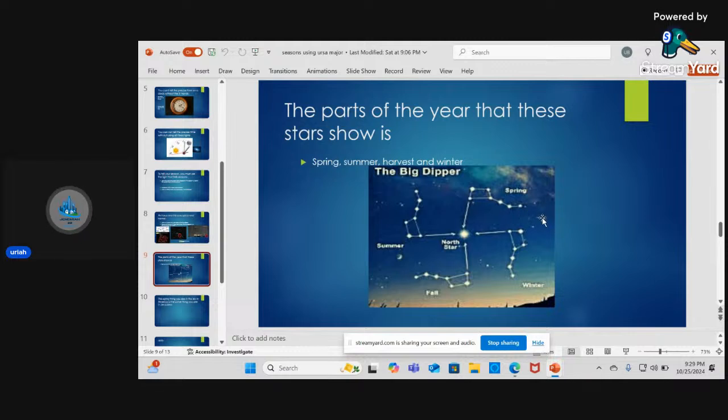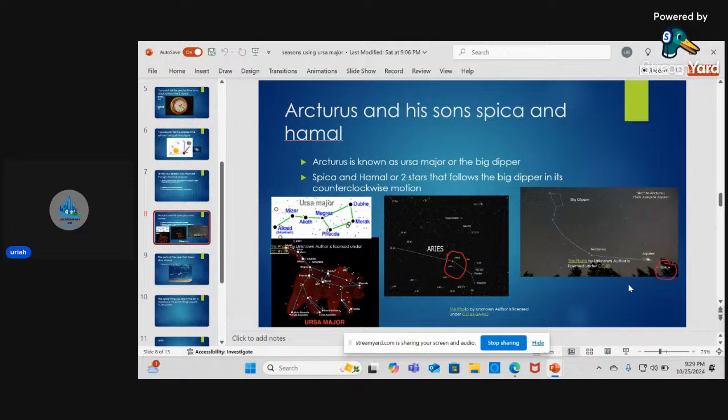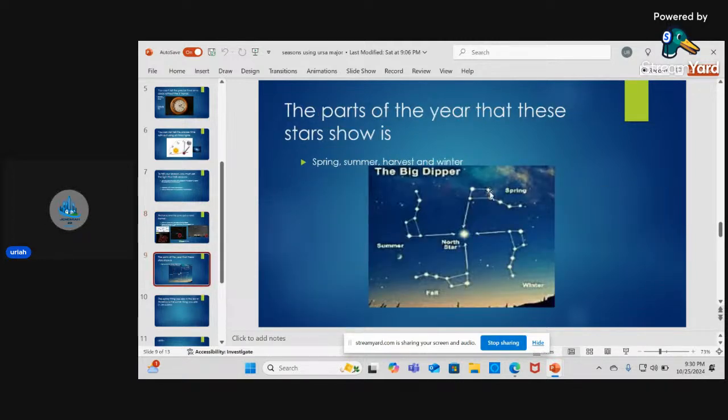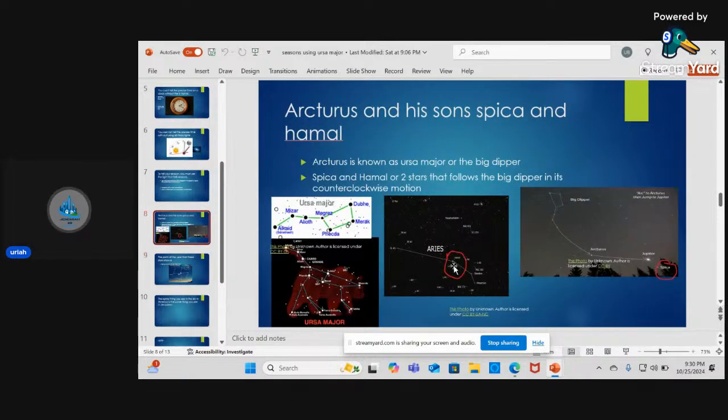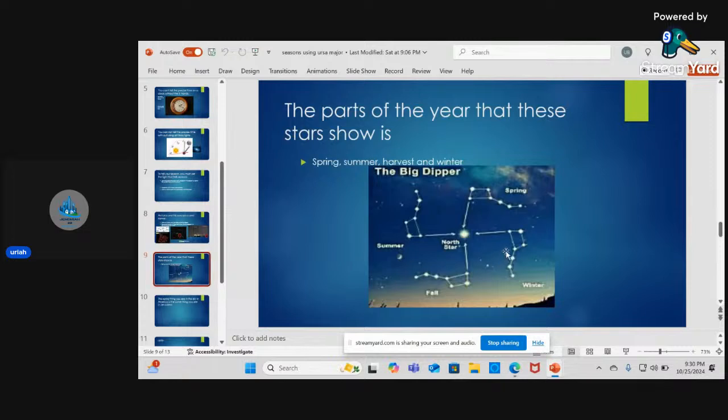So when that Spica star that we showed here is leading the moon, Ursa Major, the Big Dipper, will be in its position. And also, when it comes to the fall or the harvest, Hamal, this star, will be leading the moon. And it flip-flops. And like I said, this is a continued cycle as it goes around the North Star, or what they would call Polaris.